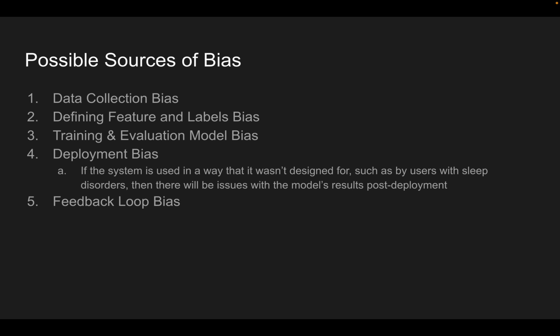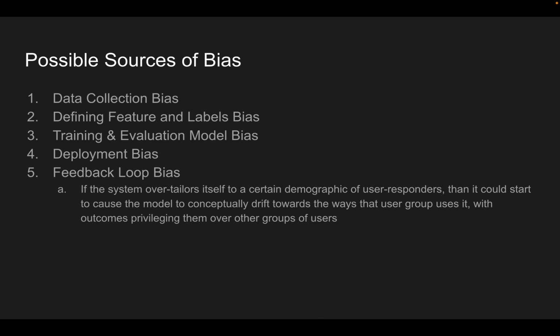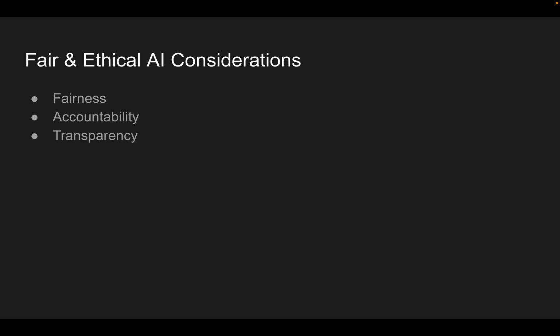Deployment: if someone is using the application but they actually have a sleep disorder, then this would be an example of an issue post-deployment that would be a type of bias that needs to be accounted for. And then there's the feedback loop. So if a system is over-tailoring to a certain demographic of users that are responding and engaging and giving feedback a lot, it might overfit for that user group.